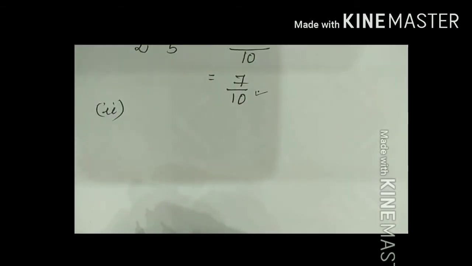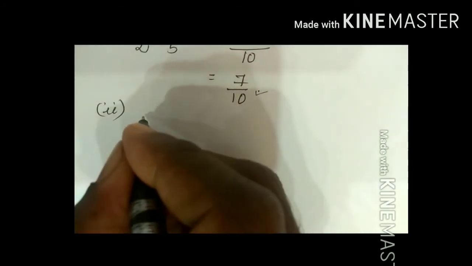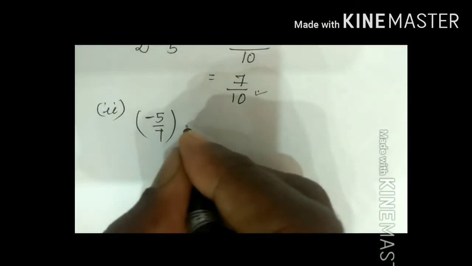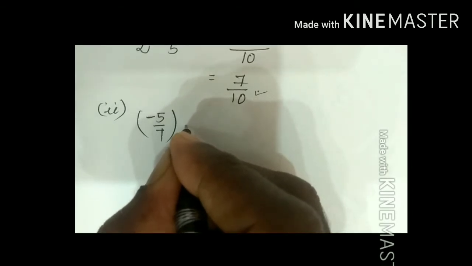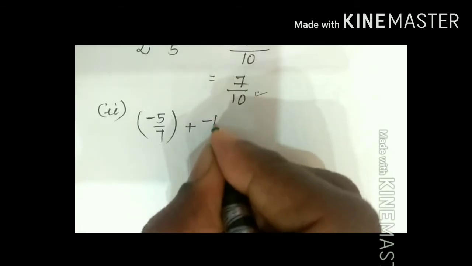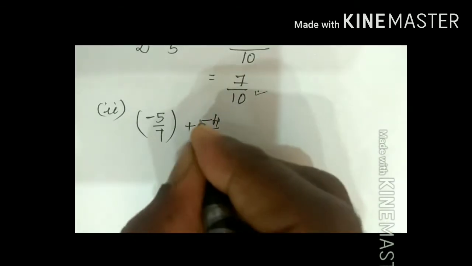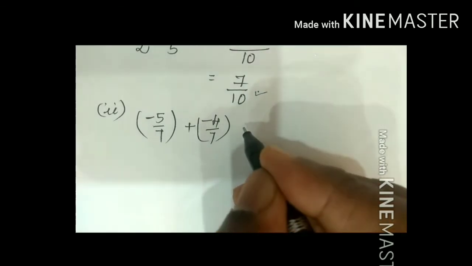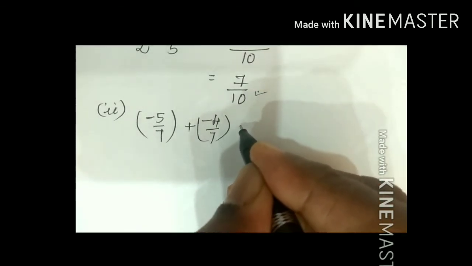Again, I am going to add two other rational numbers: minus 5 by 7. See here, it is minus, so minus integers should be inside brackets, plus minus 4 by 7. So we are going to add two rational numbers, minus 5 by 7 plus minus 4 by 7.